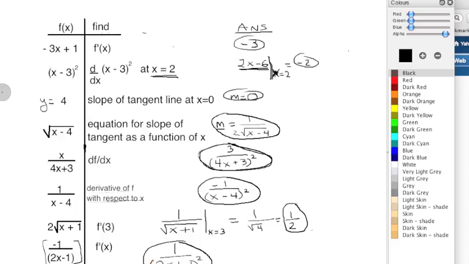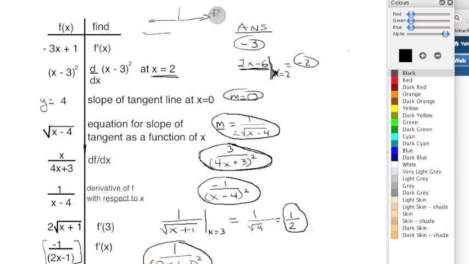Slope of the tangent line at x equals 0 of y equals 4. Well, this one, just to go sort of forward in this graphing idea, here, this is the equation f of x equals 4. No matter what you put into this function, you get the number 4 out. And the slope of the tangent line anywhere is 0, but you still have to use the limit definition to show that the slope is 0.